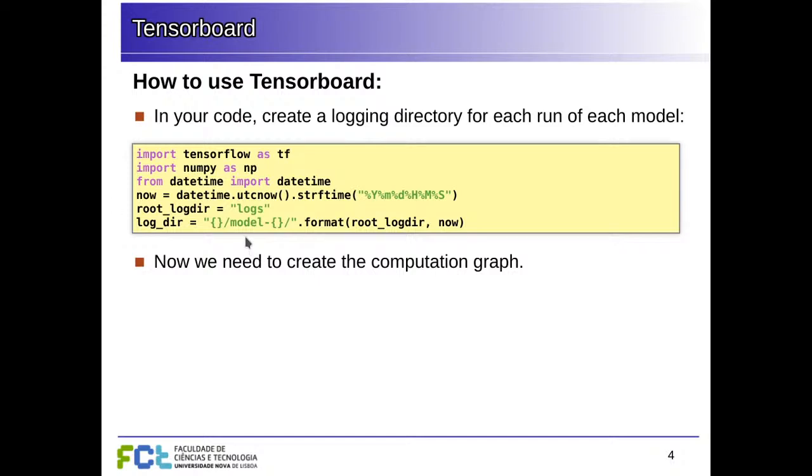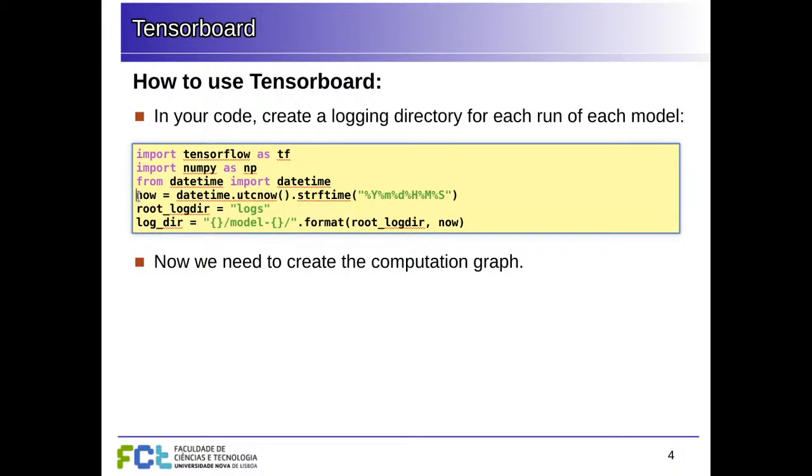So in this case, we're going to create a folder called logs. This is the root folder. And then we're going to create inside of this folder folders called model something, and we can include in this something a string that is always different when we run our code.